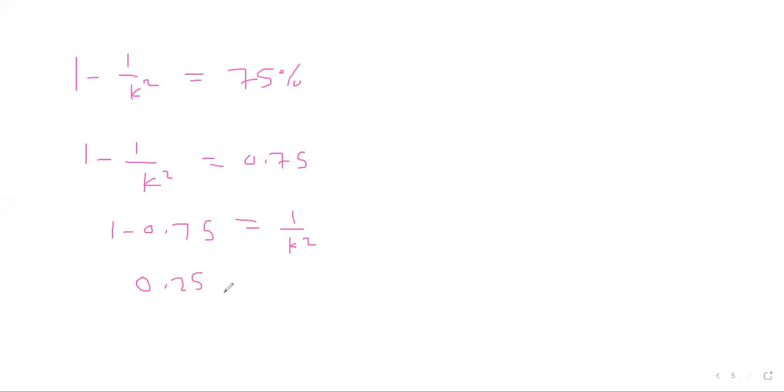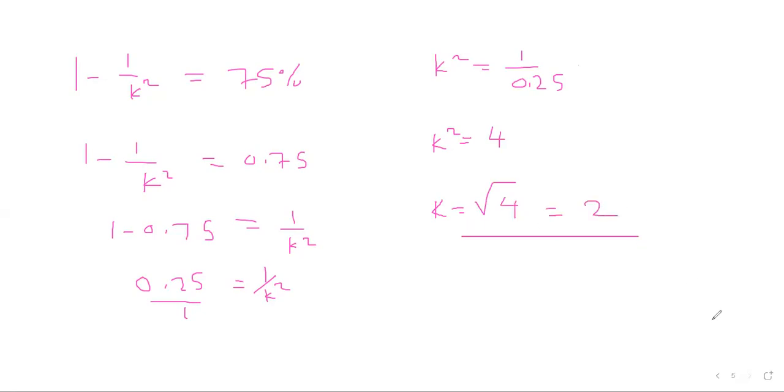Then you swap the positions, so k squared is equal to 1 over 0.25. We divide that, k squared is equal to 4. So to find the k, we square root this side. So our k is equal to 2. It takes us back to the table that we were calculating.